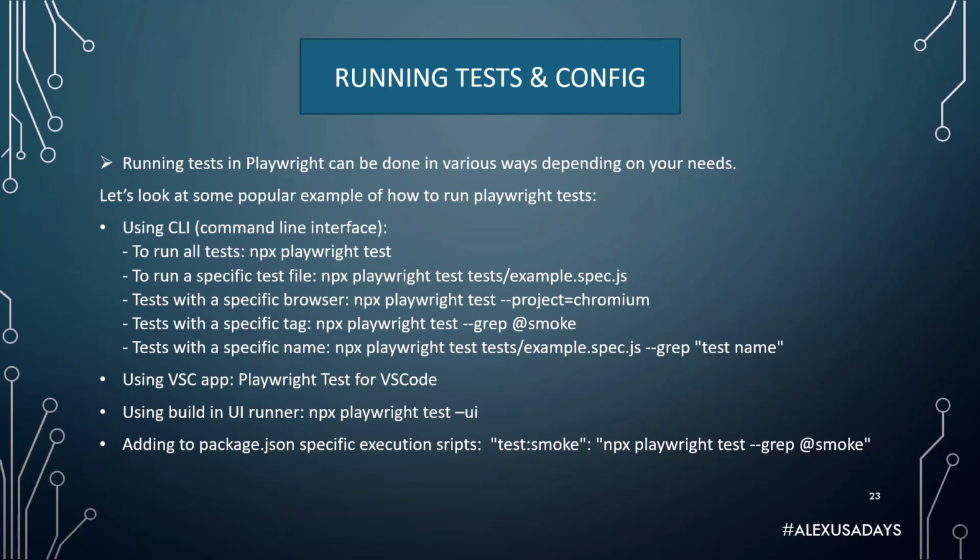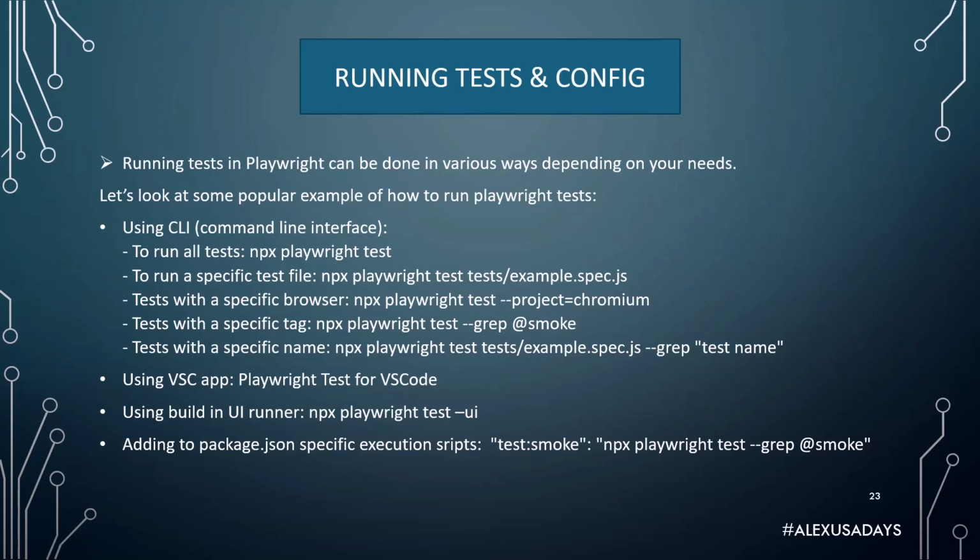We can run a specific browser in the tests based on your projects. So if you have a project with Chromium browser, you can specify that in your command: npx playwright test --project=chromium. You can run tests with a specific tag, and I'll show you how we add a tag to a test.